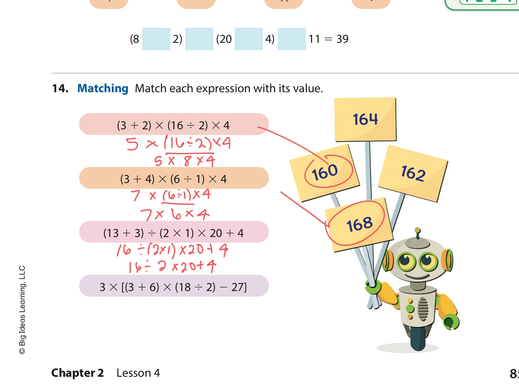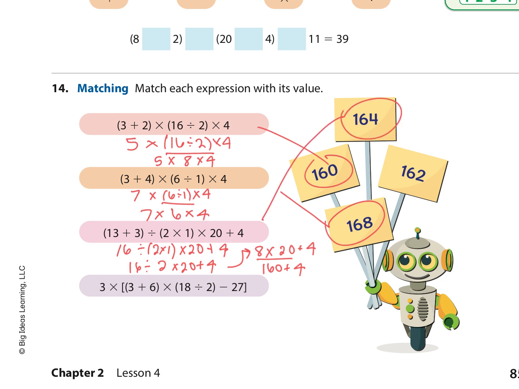Then work left to right for dividing and multiplying. So 16 divided by 2 would be 8. I'm going to write this next step over here. So 8 times 20 plus 4. 8 times 20 is 160, and 160 plus 4 is how much? 164. So that one should be 164.